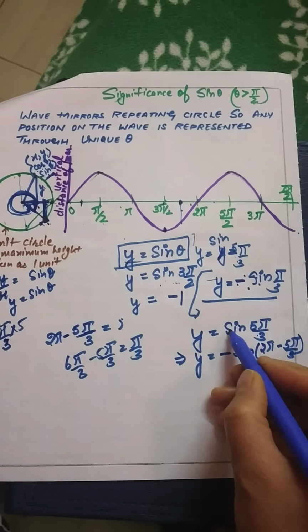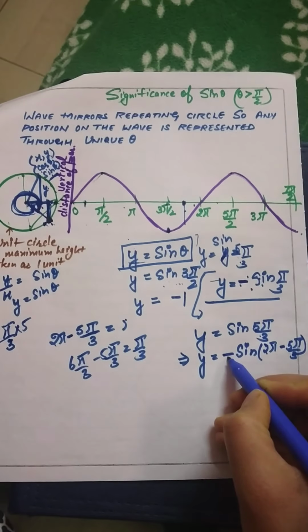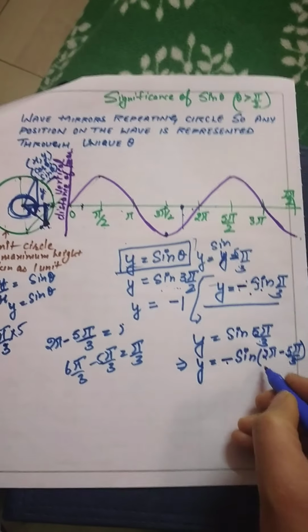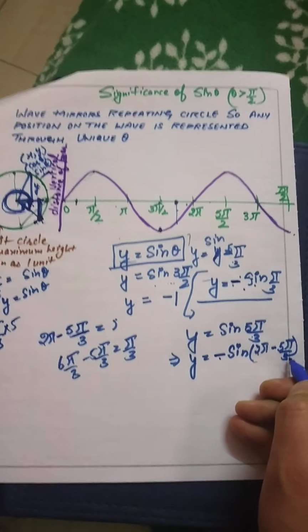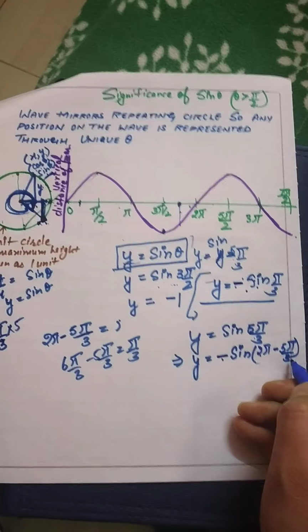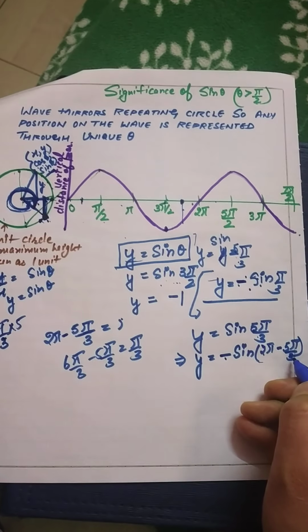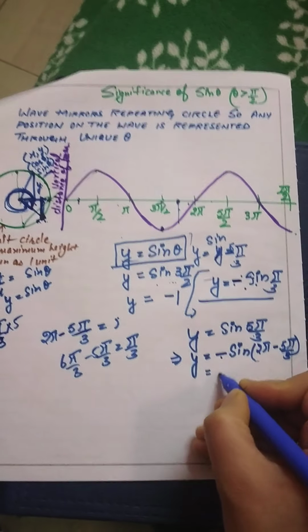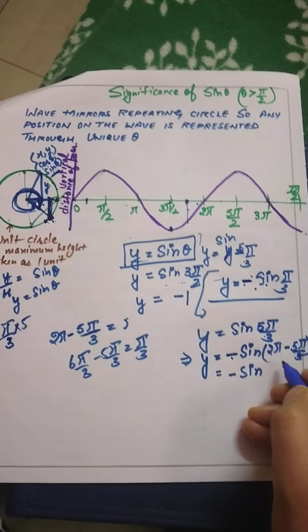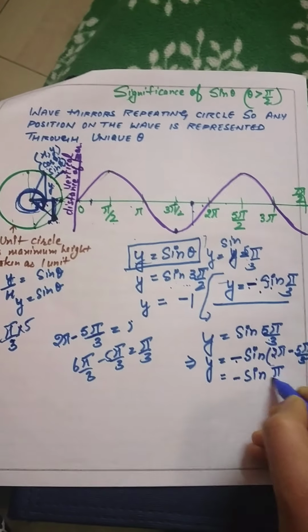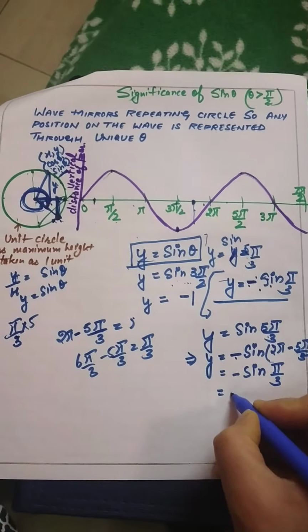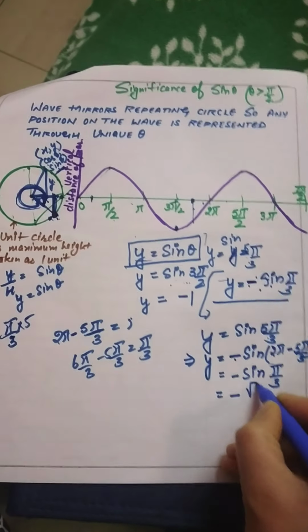This we used to write down the negative sign, and here we have to find out the angle which will be helpful to find out the magnitude of the height. So this is minus sine, which will give you on calculation pi by 3. Pi by 3 is 60. So you know sine 60 is root 3 by 2.